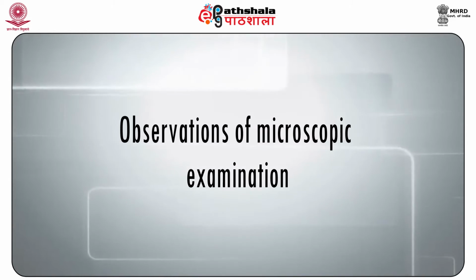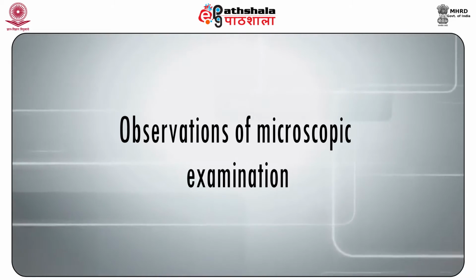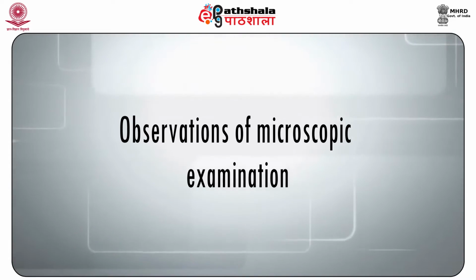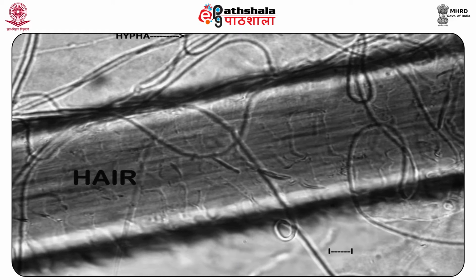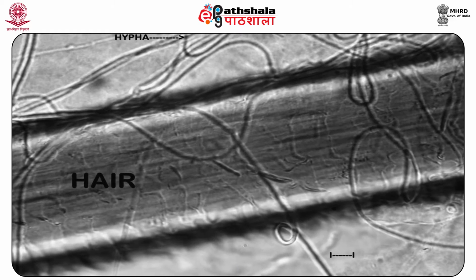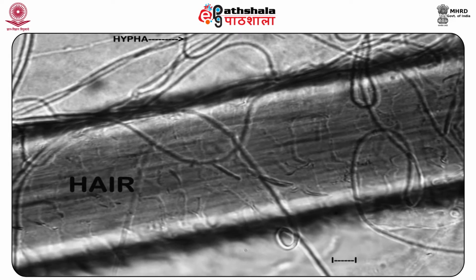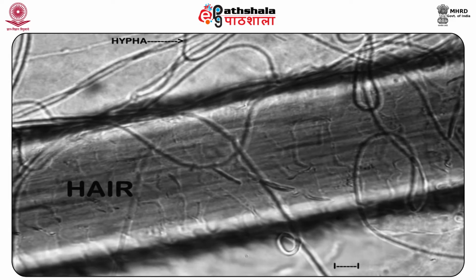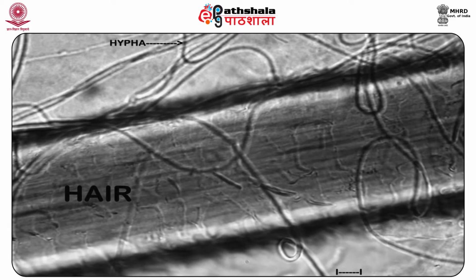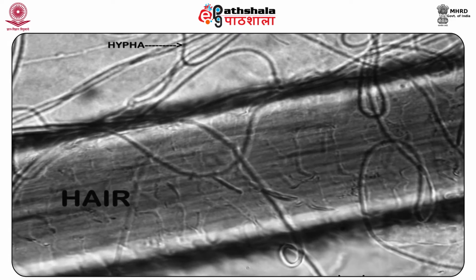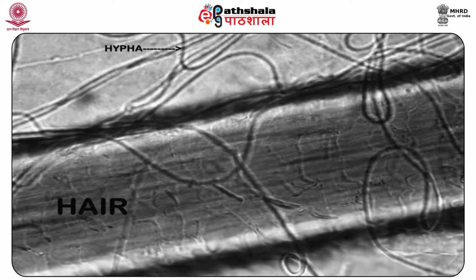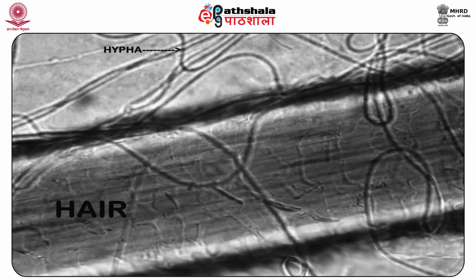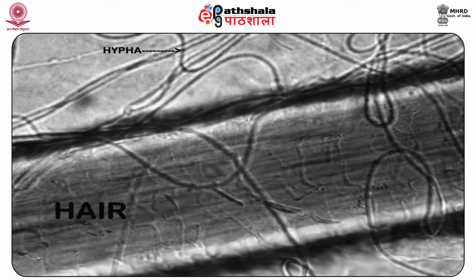Now we will study the observations of the microscopic examination of hair. Preliminary microscopic examination is carried out without cleaning or mounting the hairs. It reveals their color, the contamination and the character, whether they are curly, wavy, soft or coarse, whether the ends are frayed or have tips, or whether the roots are present or not.